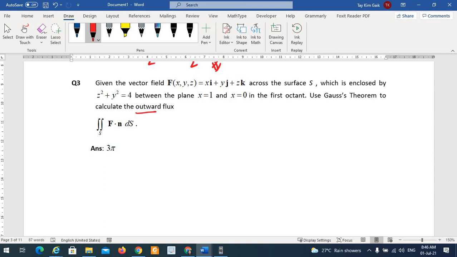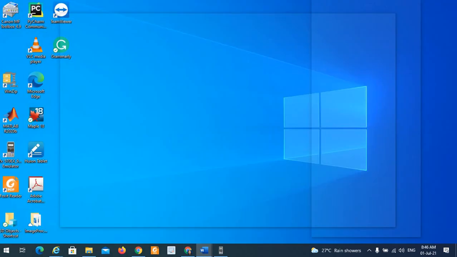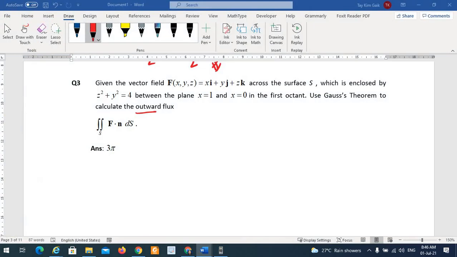Z squared plus y squared equal to 4. What kind of surface is there? In 3D, yeah?